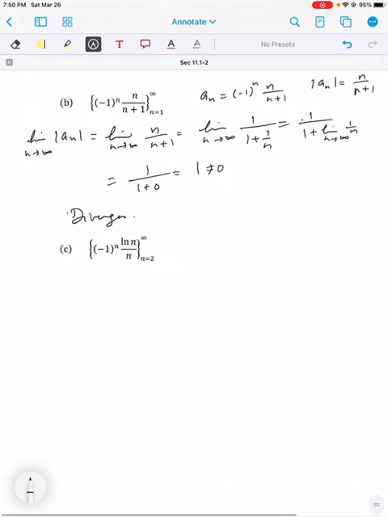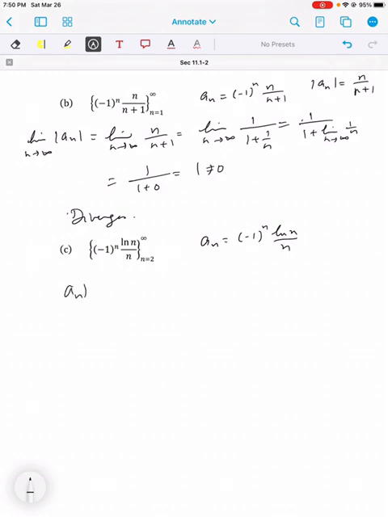Okay, looking at the next example, so again a sub n in this case is (-1)^n times ln n over n, and we will be looking at the absolute value of a sub n, which will be equal to ln n over n. So we will now find the limit as n goes to infinity of ln n over n.